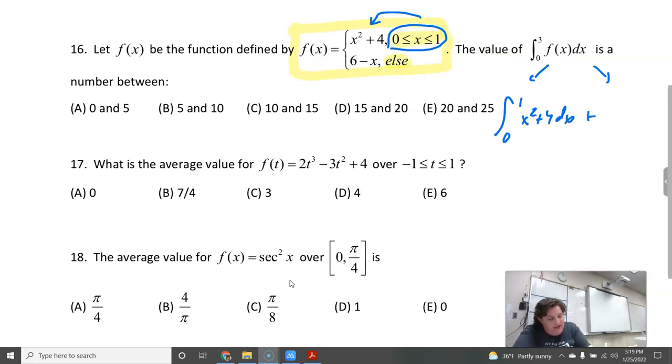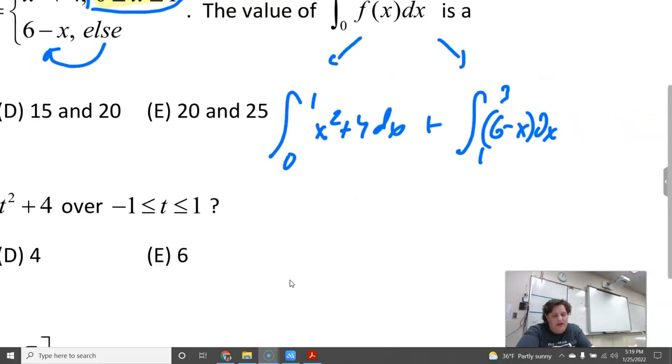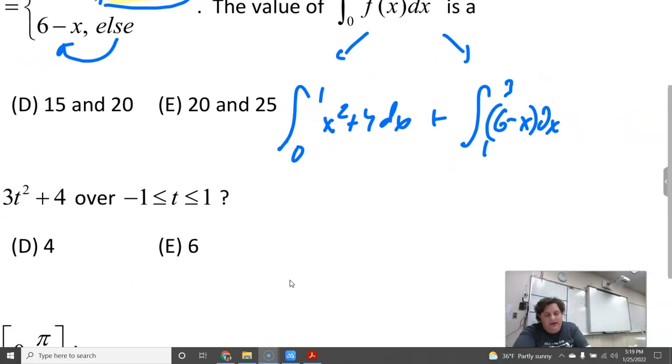Between everything else, so 0 to 1, so now to split this up, this would have to go 1 to 3. And from 1 to 3, I need to use this equation. Because that means, again, the else, everything else. Okay? So I got to do two integrals here. I got to do these by hand.